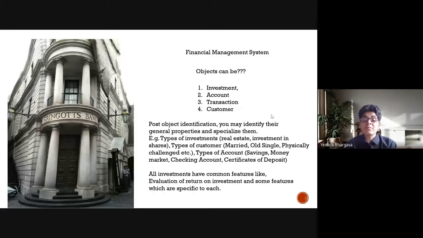Then there are different types of accounts like savings account, money market, checking account, and CDs. All these will have a common feature, but some of them will have specific features. And all these objects are communicating with each other to fulfill the functions that a financial management system is expected to perform.